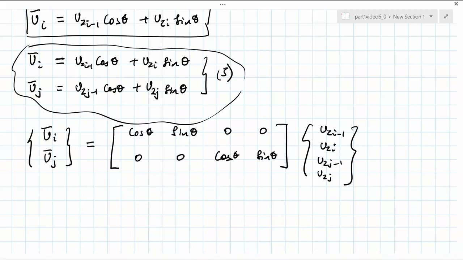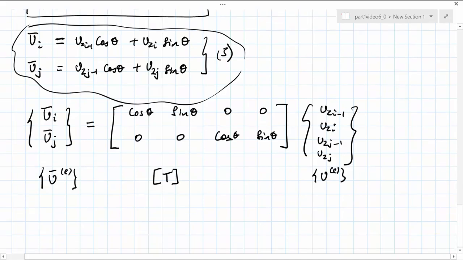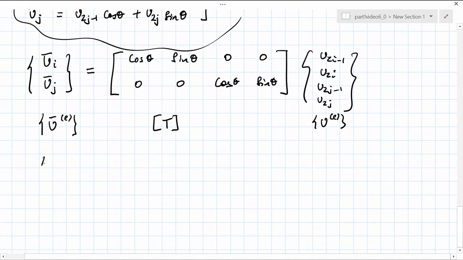We can then say that this vector here is u bar e, and this matrix here is T, and this is UE. Or writing this out again, we've got U bar E is equal to T times by UE.